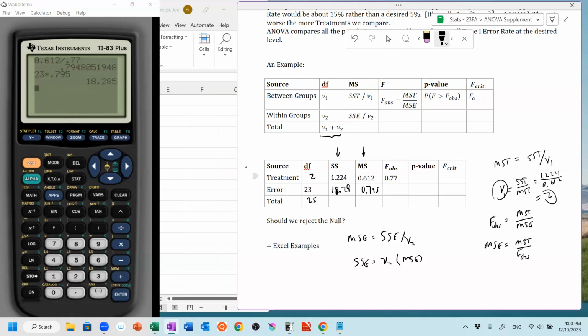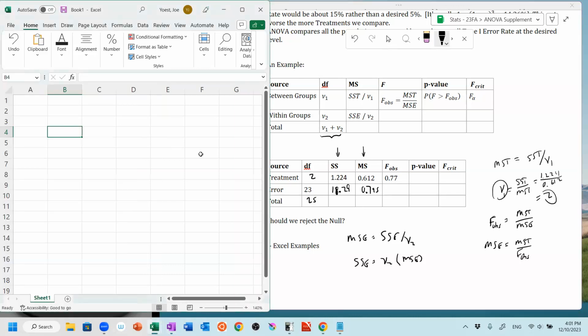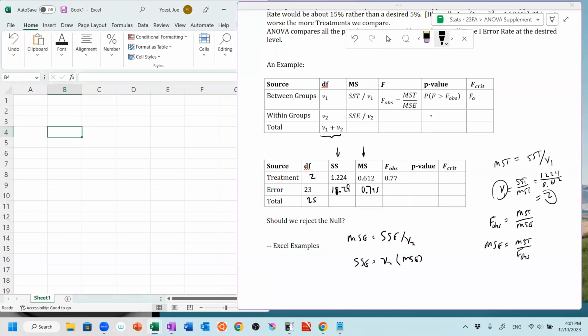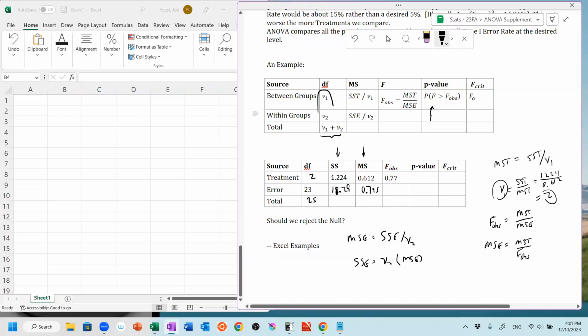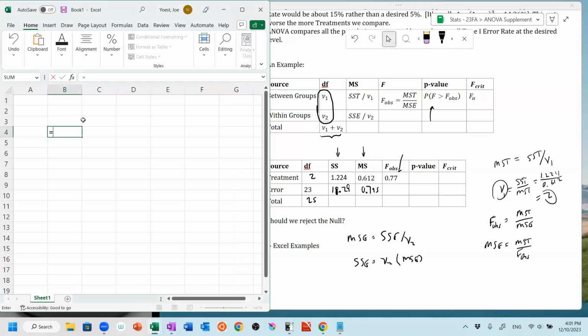And then lastly, I want to compute my p-value and F critical. For my p-value, remember that's the probability the F distribution with these degrees of freedom is bigger than, in this case, 0.77. So I want equals F.DIST, the F distribution.